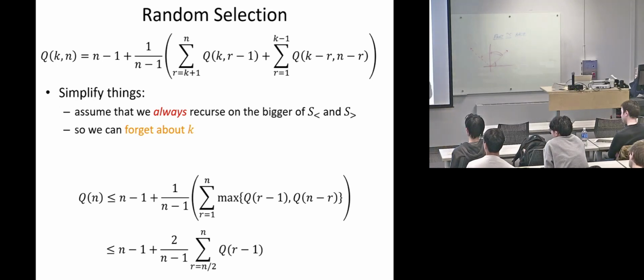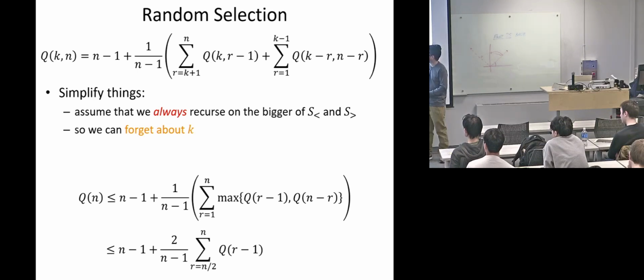So now the recursion looks like this: Q of n, independent from k. It's just like before, except that now we assume we go to the bigger side of the problem. The rank can range from 1 to n; just take the bigger one from the two sides.